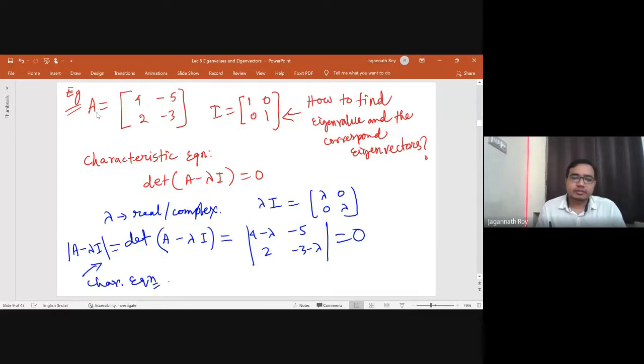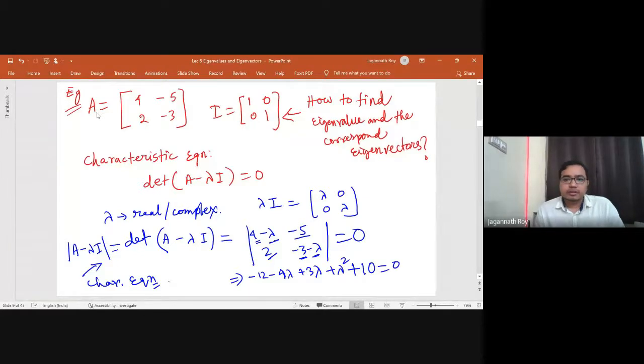If you expand this, what will happen? 4 times minus 3 is minus 12. 4 times minus lambda is minus 4 lambda. Minus lambda times minus 3 becomes 3 lambda. Then minus lambda times minus lambda gives plus lambda square. Then 2 times minus 5 is minus 10, and since we are evaluating the determinant, it becomes plus 10.